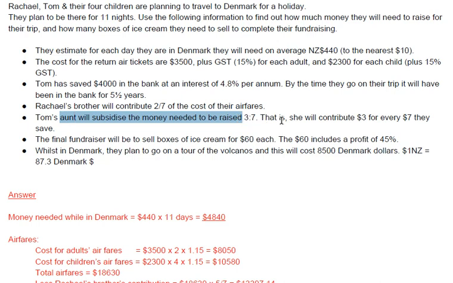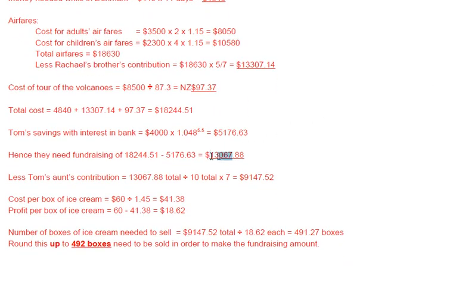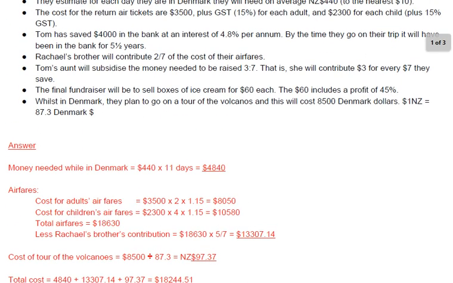So this is the amount at the end after they work out how much they need to raise, and a certain portion is going to be contributed by Tom's aunt. So we've worked out how much needs to be raised, and then we look at Tom's aunt's contribution.